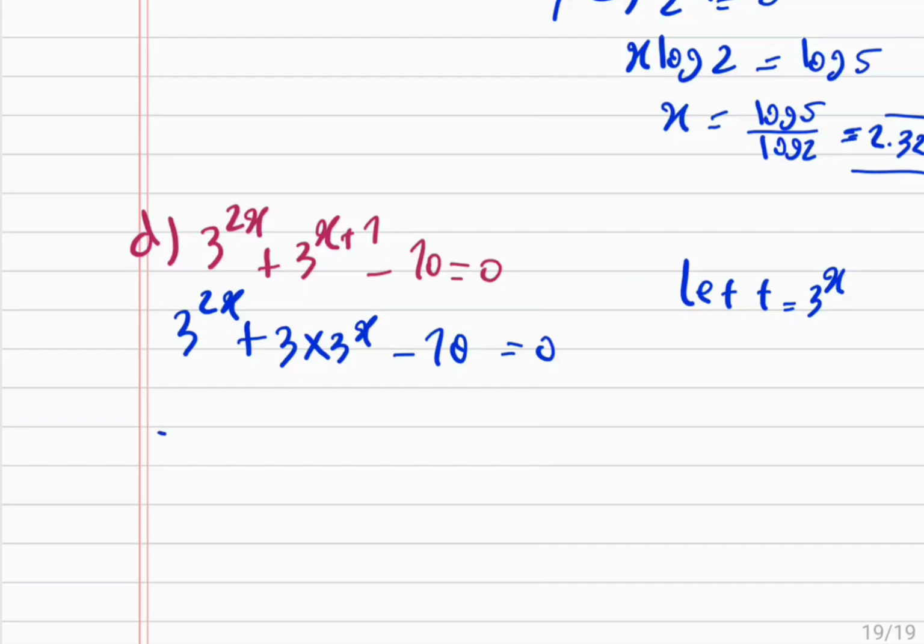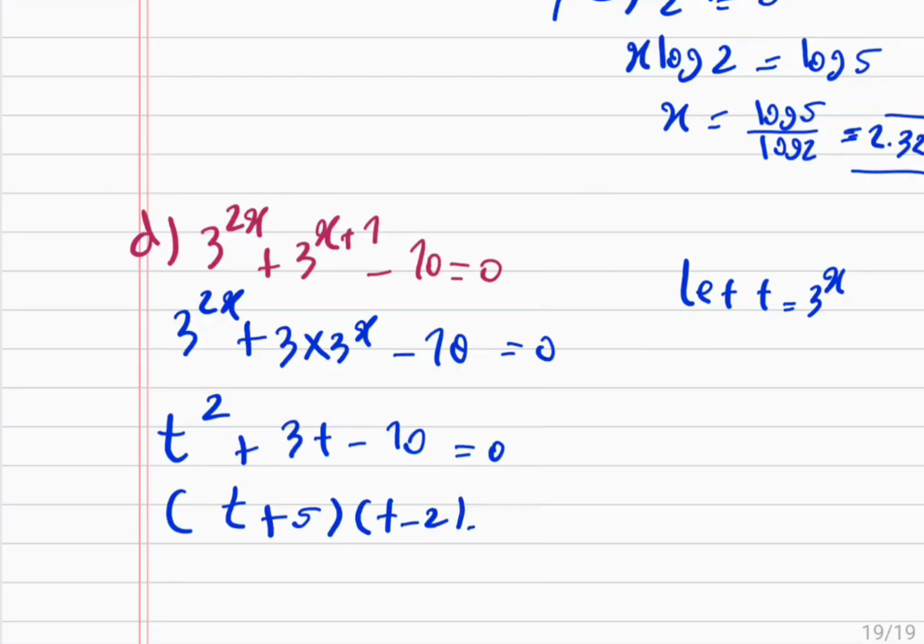Therefore, the equation becomes t squared plus 3t minus 10 is equal to 0. And we can factorize this: t plus 5 times t minus 2 is equal to 0. So one solution is minus 5, the other solution is positive 2.